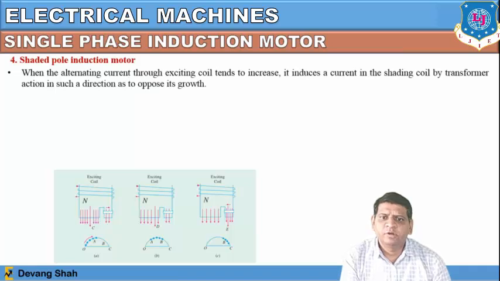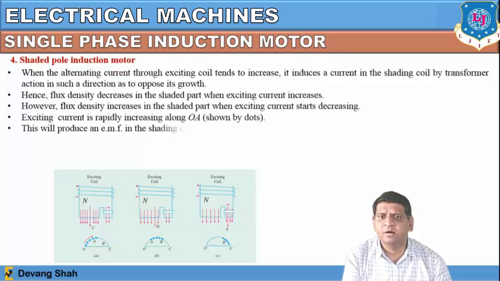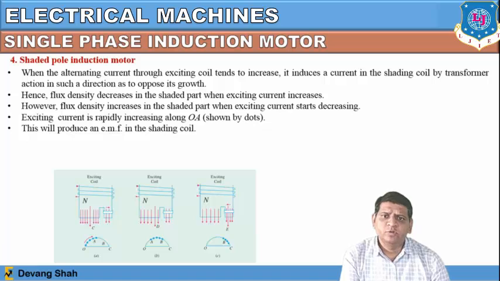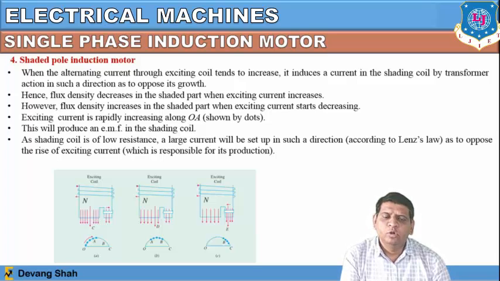Further, when the alternating current exciting this coil tends to increase, it induces current in the shading coil by transformer action in such a direction as to oppose the growth. This is the same as producing an EMF in the shading pole, and in this way the shading pole will offer a low resistance. So the flux shifts from the non-shaded part to the shaded part, and the rotor follows the speed of the rotating magnetic field.